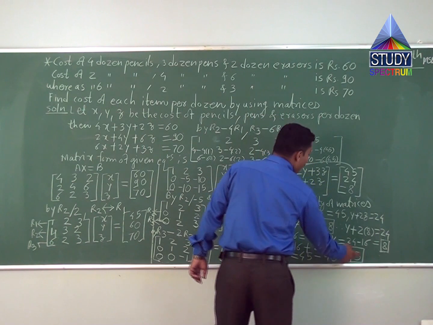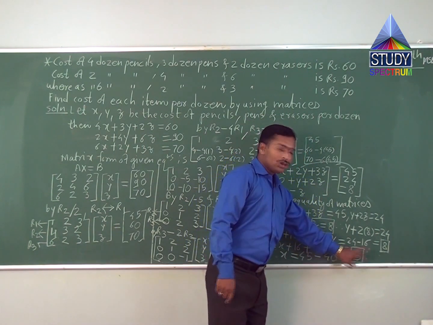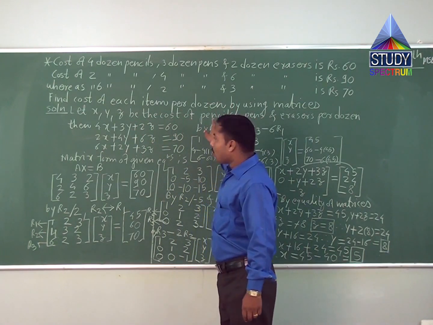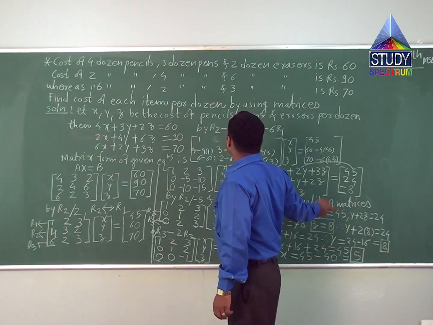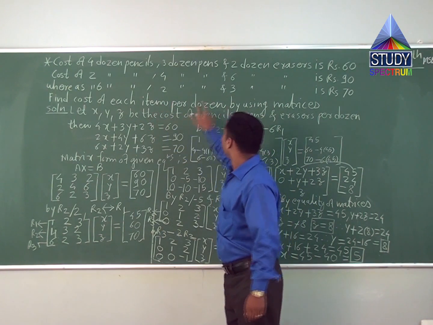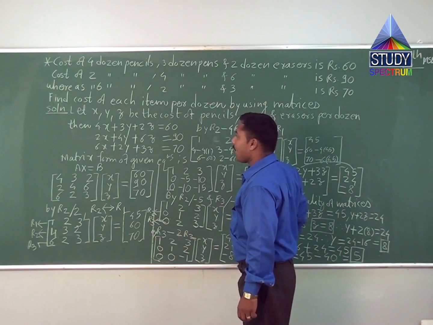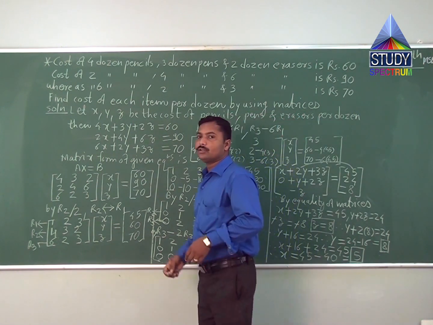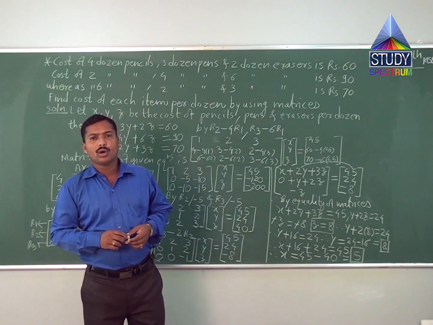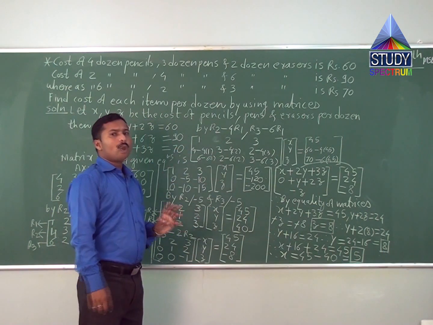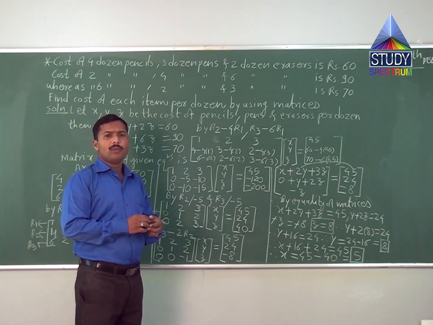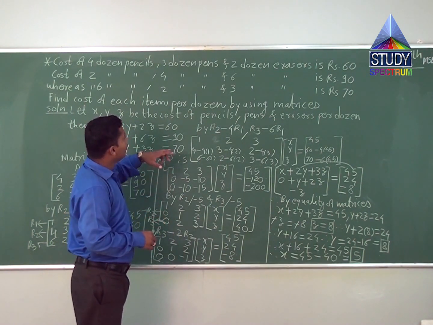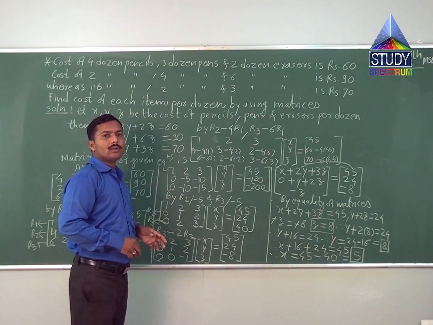Again listen, 5 is the cost of one dozen pencils, 8 is the cost of one dozen pens, and 8 is the cost of one dozen erasers. In this manner you can solve many descriptive problems, real life problems in the world by using this matrix procedure.